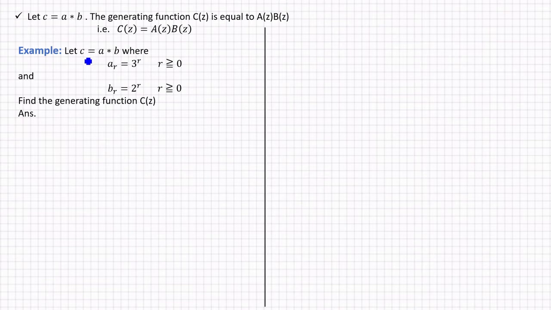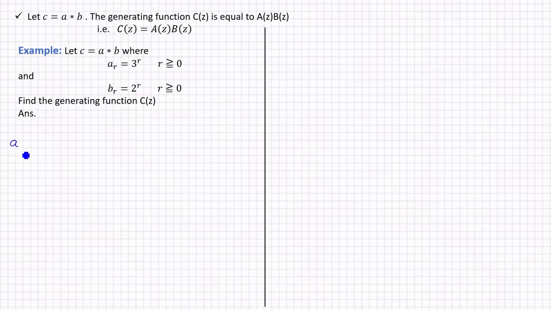Let's come to an example. Let numeric function c be equal to the product of numeric functions a and b, and the numeric functions a and b are given as follows. Find the generating function C(z). First of all, we'll find the generating functions corresponding to the numeric functions a and b.